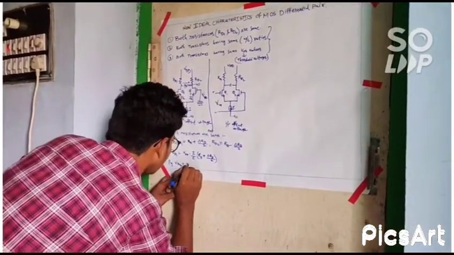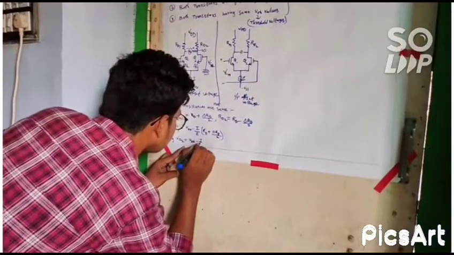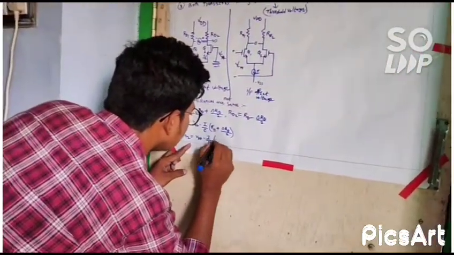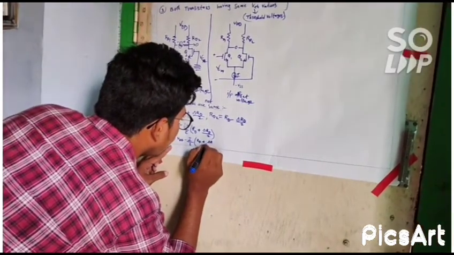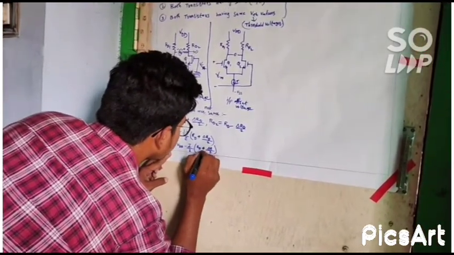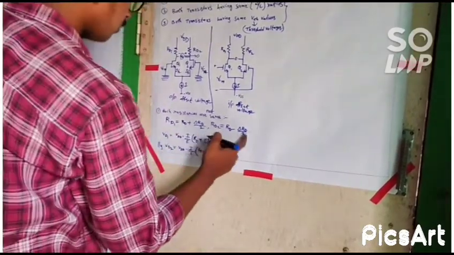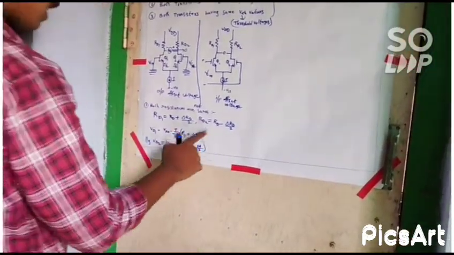And similarly VD2 is equal to VDD minus I by 2 into RD2, that is RD minus delta RD by 2.